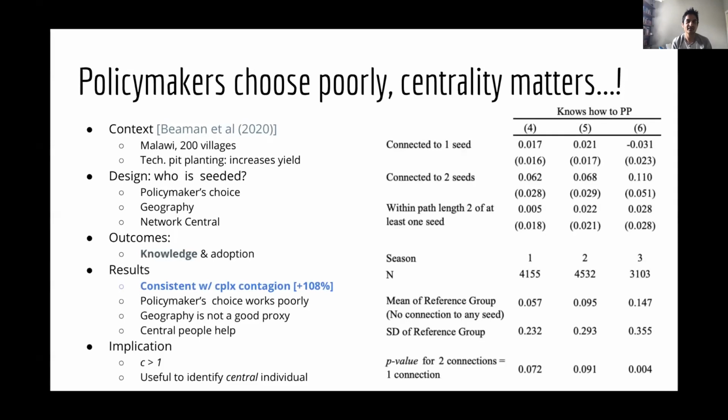Okay, so the first result is from a regression of do they know how to pit plant as a function of if the respondent is connected to one seed who they've randomly given information to, or two seeds, okay? And what they find basically is consistent with complex contagion, where you have an effect if you're connected to two seeds, but not if you have connections to one seed, okay?